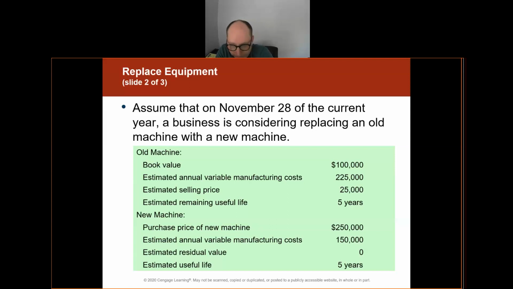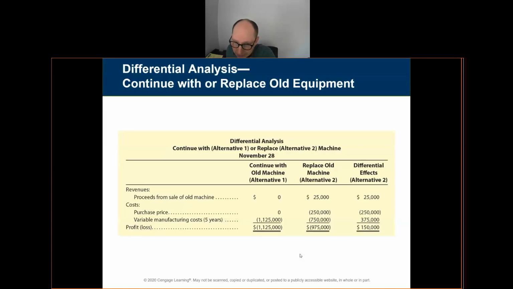Oh, that's a big chunk of change up front. Estimated annual variable manufacturing cost 150,000. Residual value 0. Estimated useful life 5 years. Okay, well this is interesting. Estimated useful life remaining 5 years. Estimated useful life of a new machine 5 years.